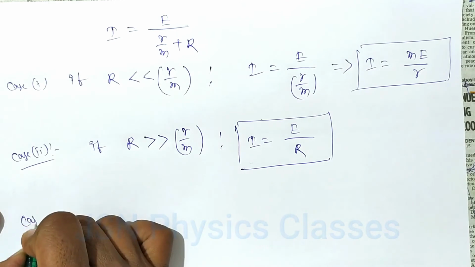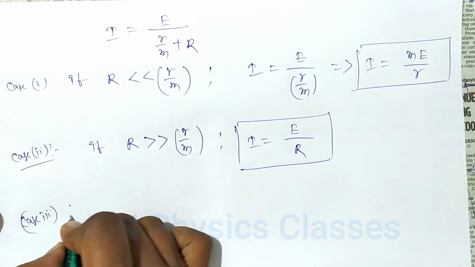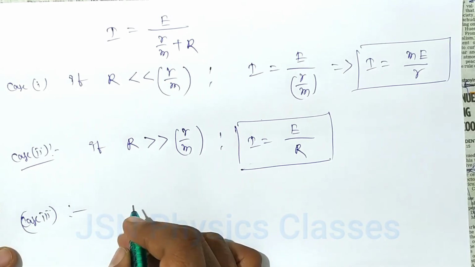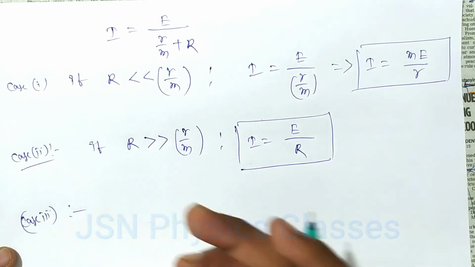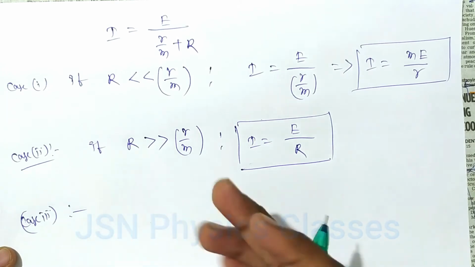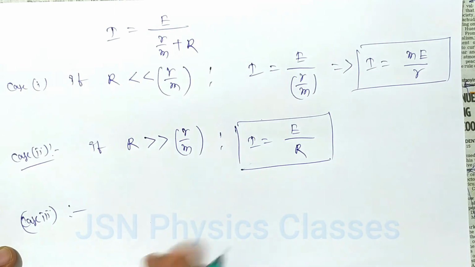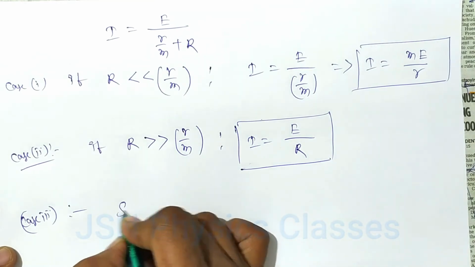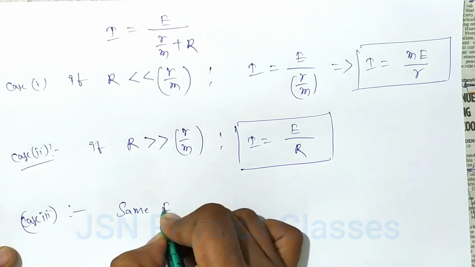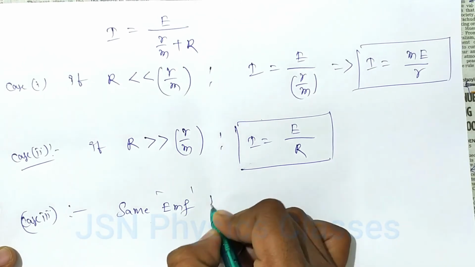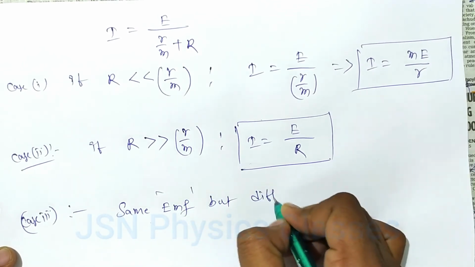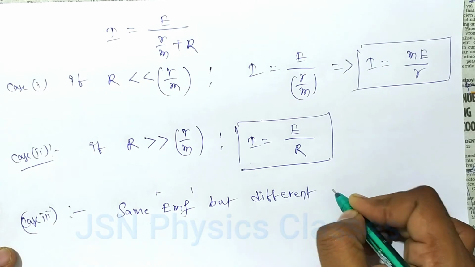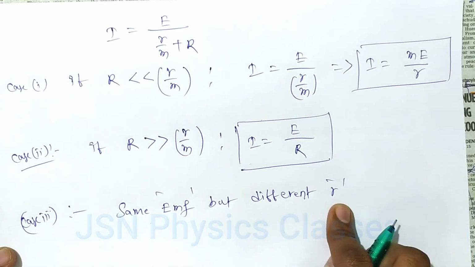So in case 3, for example, I am assuming m number of cells have the same EMF but different internal resistances.